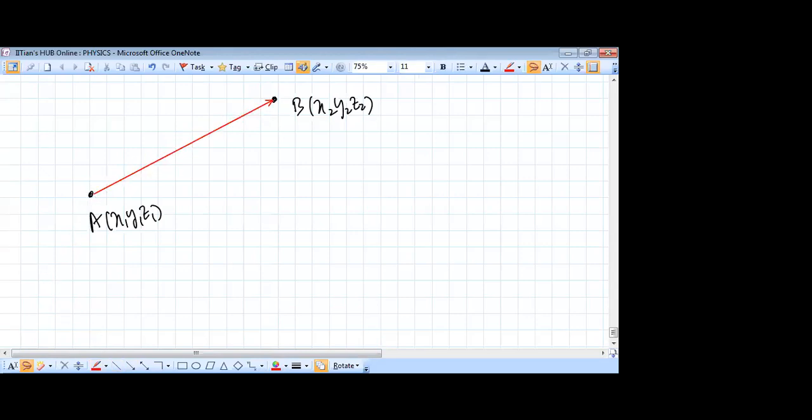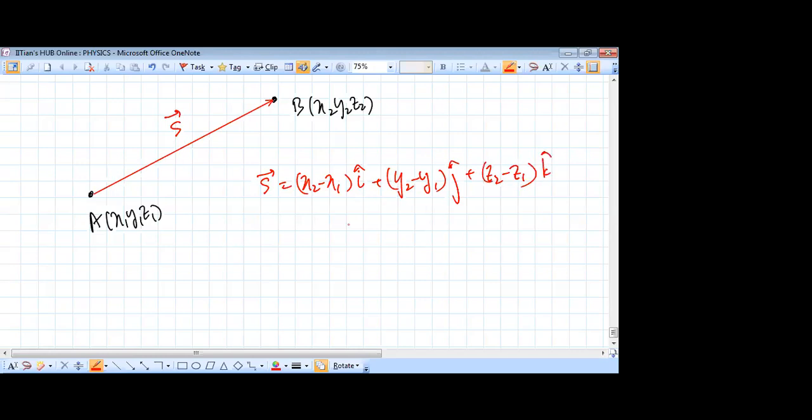Such that now you can see that the displacement vector in component form will be given as x2 minus x1, that is the change in the x coordinate, the x component, plus y2 minus y1, that is the y component of displacement, plus z2 minus z1, that is the z component of displacement. So in this particular case, that will become 3i cap plus 4j cap plus 4k cap.